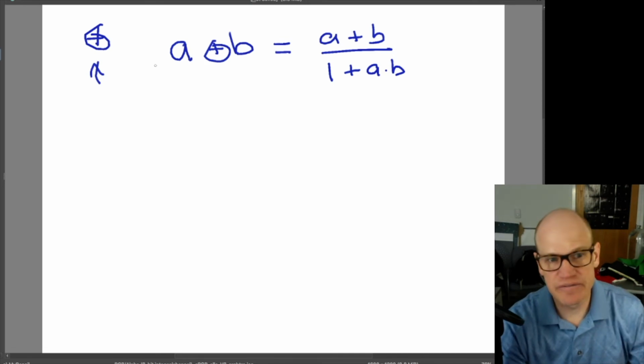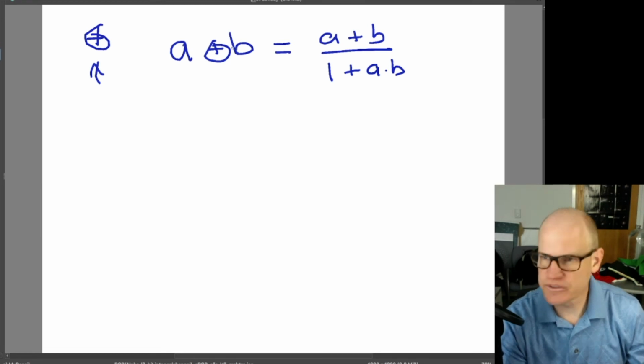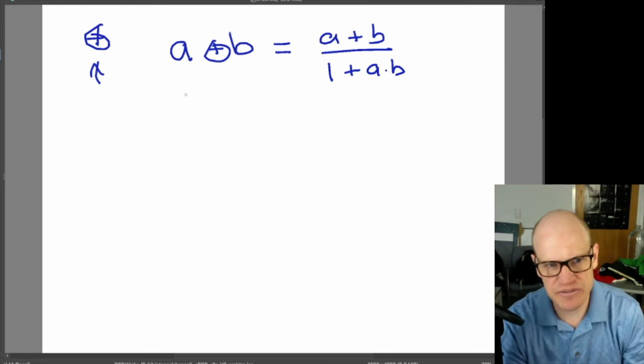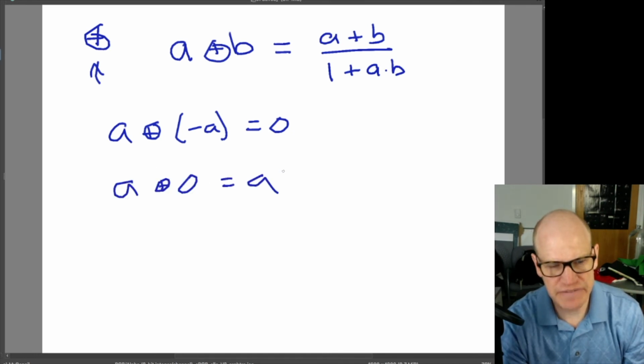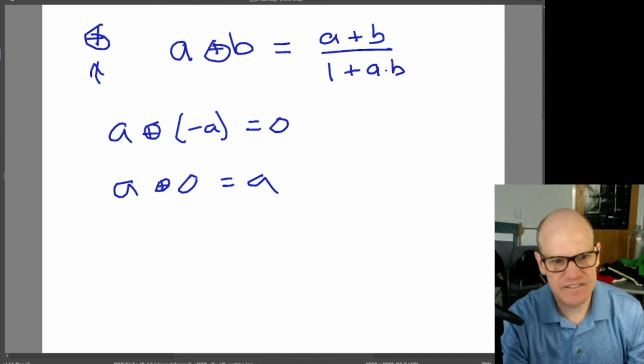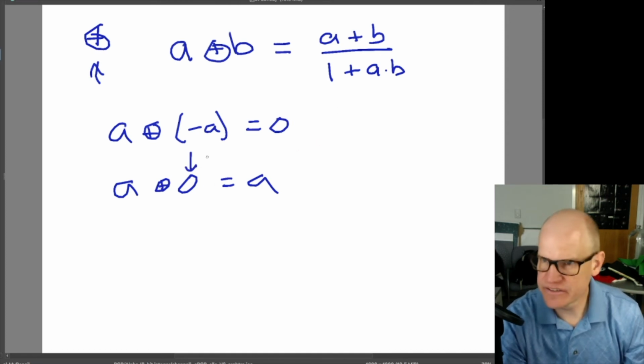It's going to have inverse elements, which is going to be something that gets you back to 0. The inverse element is going to be minus the element, so a circle plus negative a is going to give me 0, and it has an identity. The identity is 0, so a circle plus 0 is going to be a. Okay, so it's got the same additive identity that addition has.